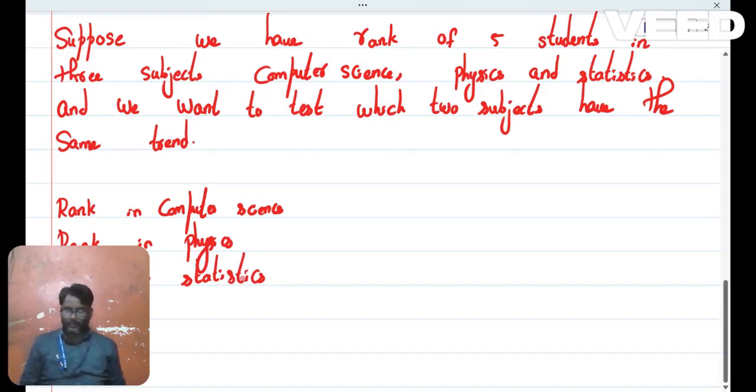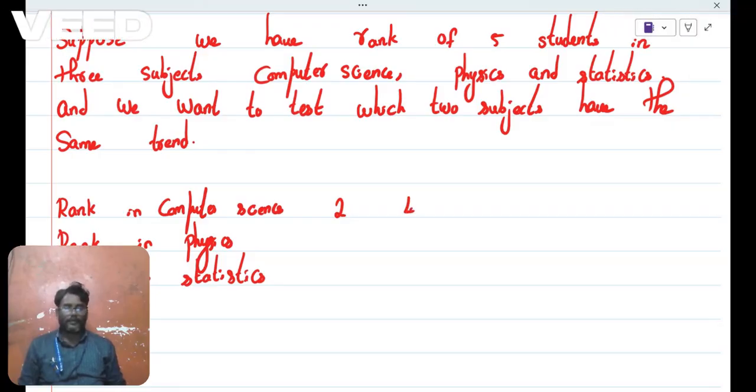The ranks are, for computer science, 2, 4, 5, 1, 3. Next, in physics, 5, 1, 2, 3, 4.